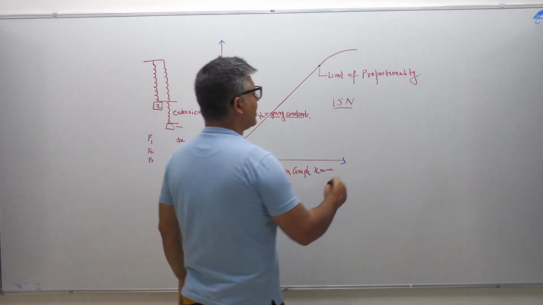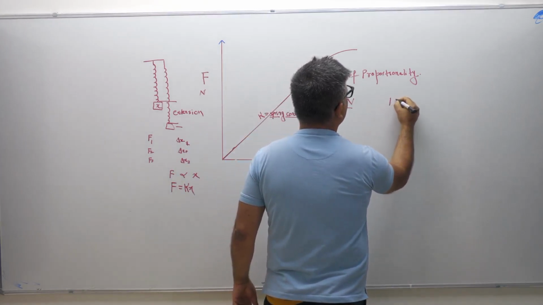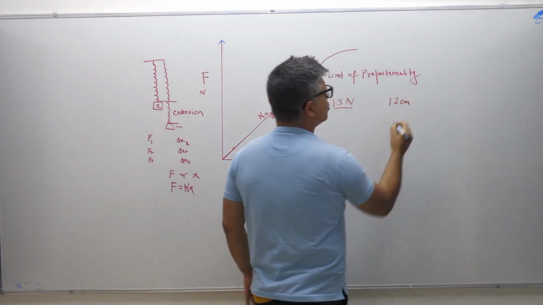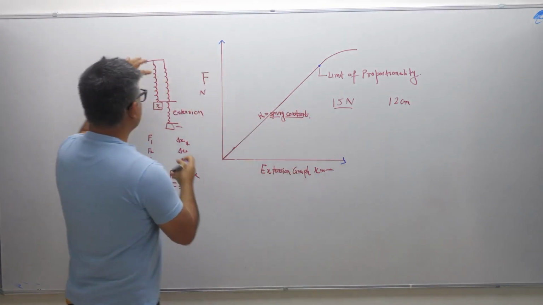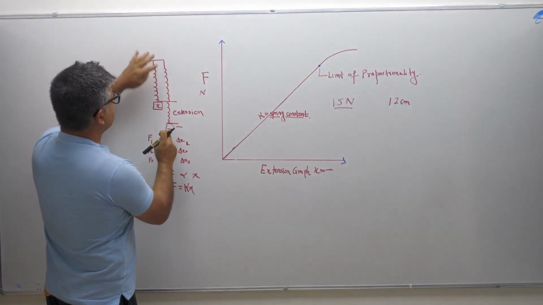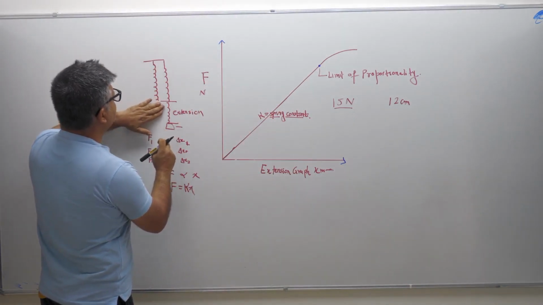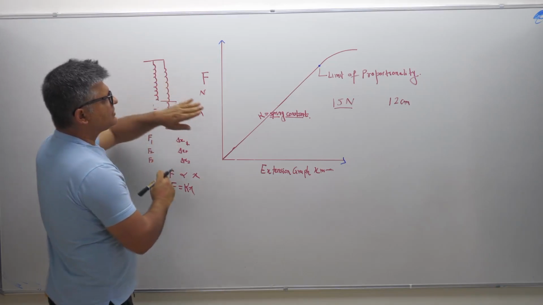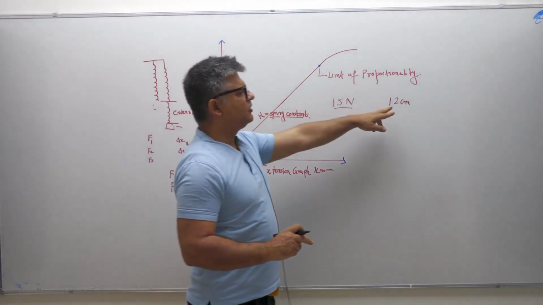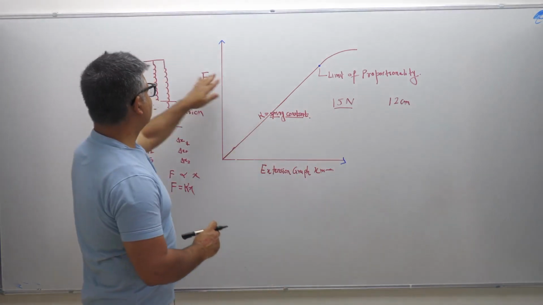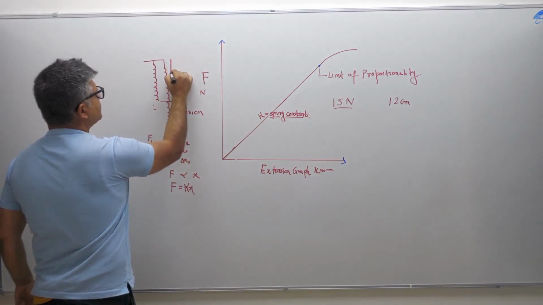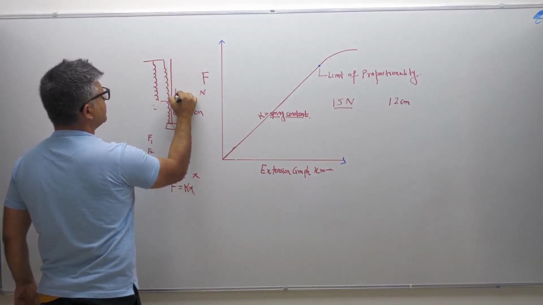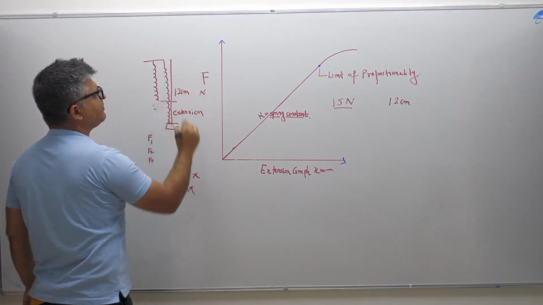Say the spring now shows a reading of 12 centimeters. So this was without any mass, and now you attach 15 newtons, you get 12 centimeters as the final length of the spring. So this is 12 centimeters.